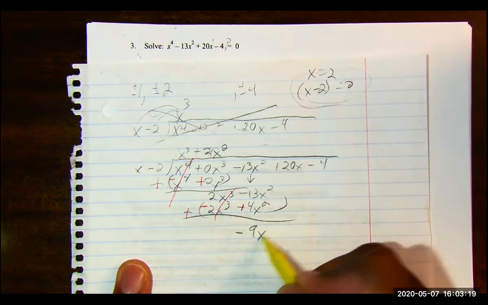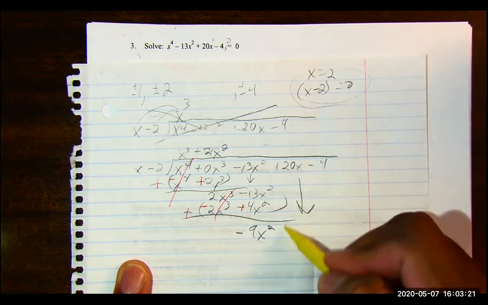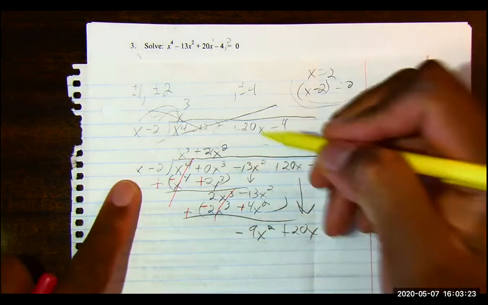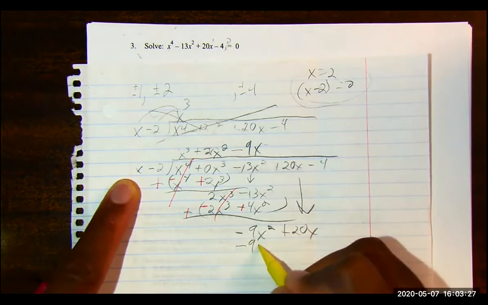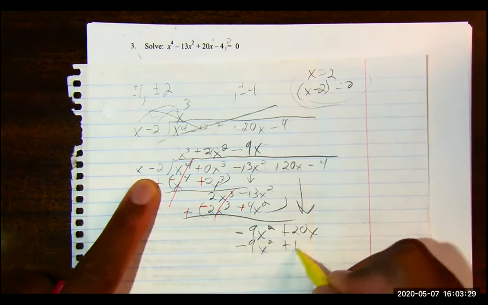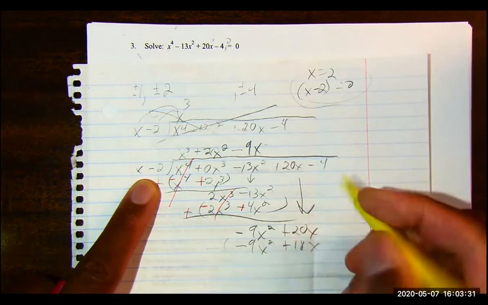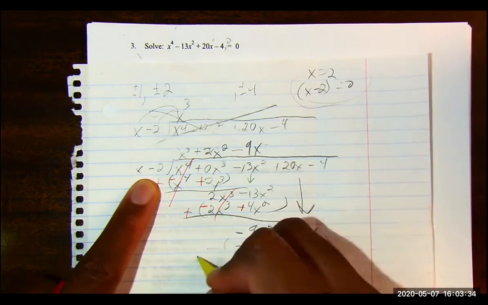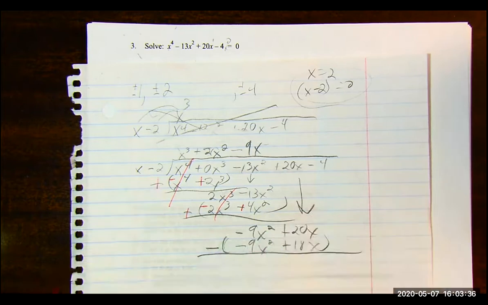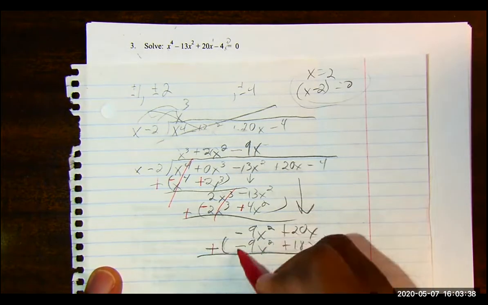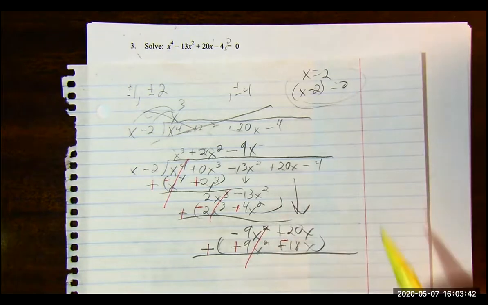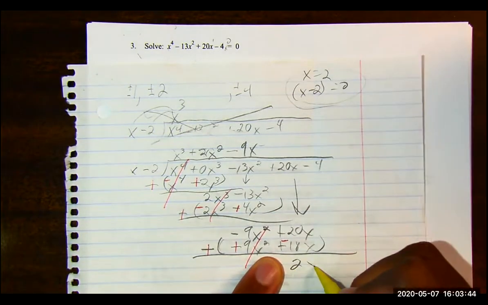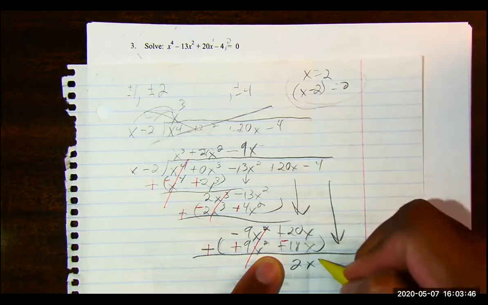Negative 9x squared plus 20x minus 9x. We get negative 9x squared plus 18x. Let's subtract these guys. Flip, change, cancels out. We're left with the positive 2x minus 4.